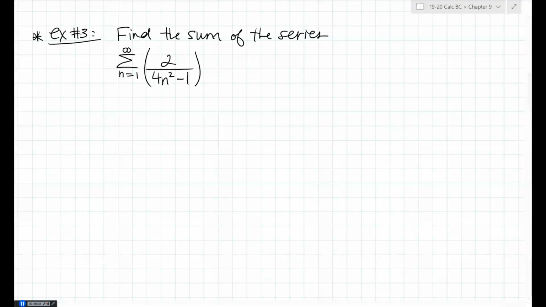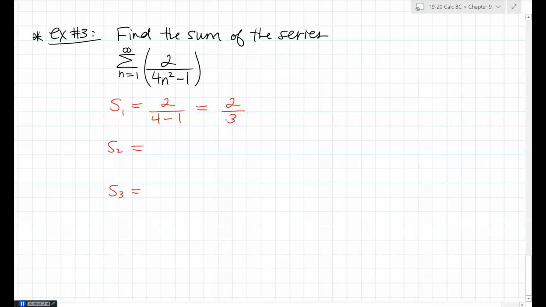All right, so we're going to do our S sub 1, and our S sub 2, and our S sub 3. S sub 1 would be 2 over 4 minus 1, so that's just going to be 2/3. Now S sub 2 will be 2/3 plus 2 over, I have to plug in a 2, so that's 4 times 2 squared minus 1.